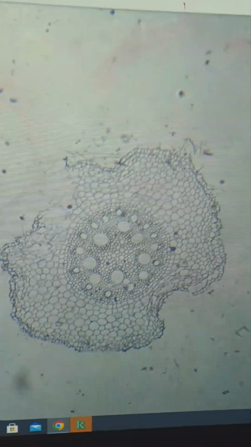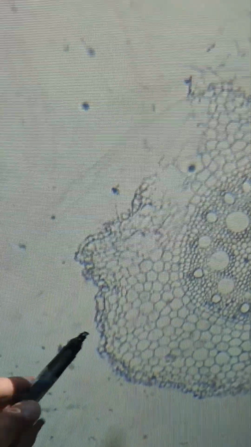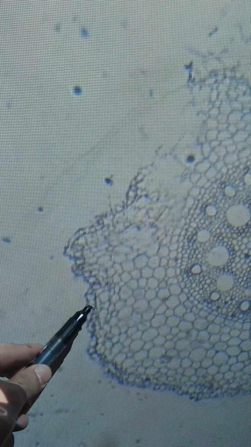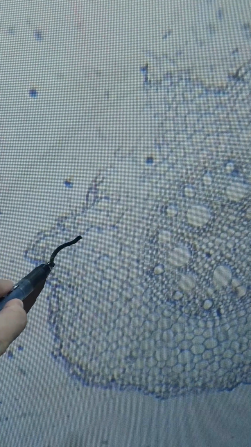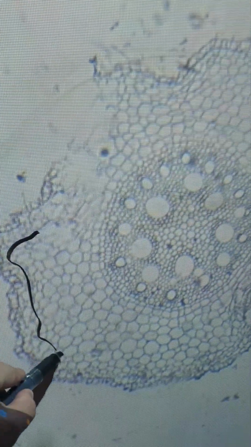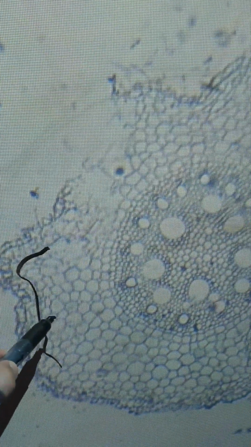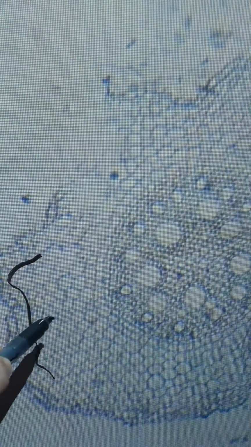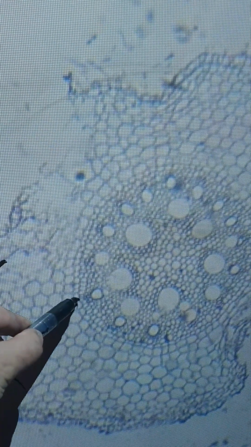As you can see right here, there is the epidermis. Let me show you the epidermis. So here's the epidermis. Underneath the epidermis, there is a layer which is called the collenchyma cells, which is somehow like this. After that, you're going to look at the parenchyma tissue layer, which locates right here all the way until you reach the endodermis.